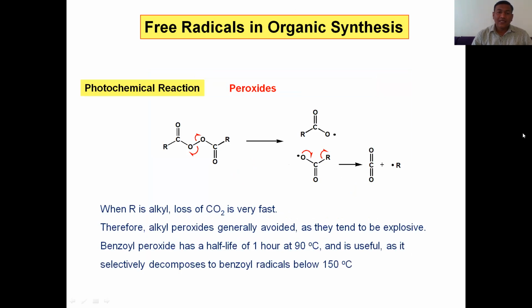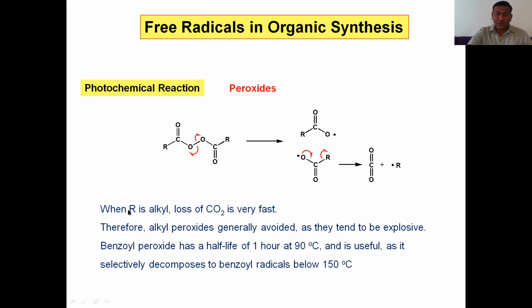In this photochemical reaction we can use the peroxide to generate the free radical, and one example which we have taken is this one. Here you can see homolytic fission, because yesterday we saw both types of fission, homolytic fission and heterolytic fission as well. And you can see here, after the decarboxylation, you get the stable free radical.